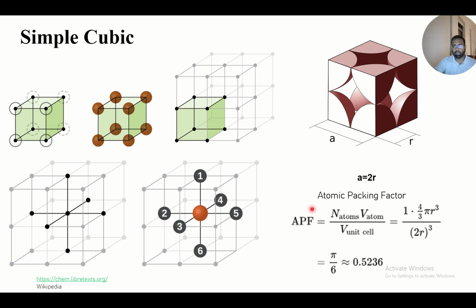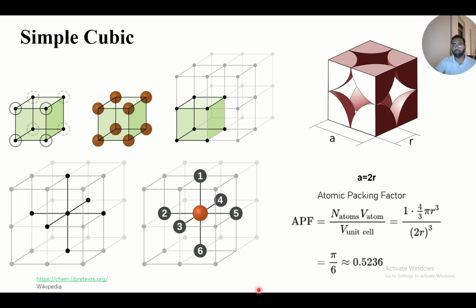And then the atomic packing factor can be calculated with the help of an atom, and then we have the volume of the particular atom. So how can we calculate the volume of the atom? With the formula of the volume of a sphere. So we have this sphere volume here, and R is the radius, and then we divide by the volume of the unit cell, which is the volume of the cube.